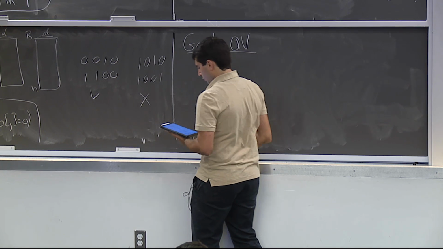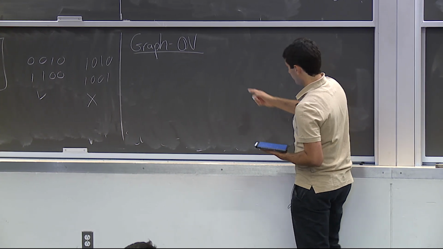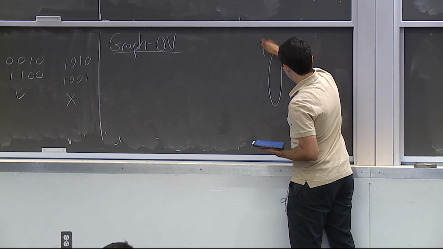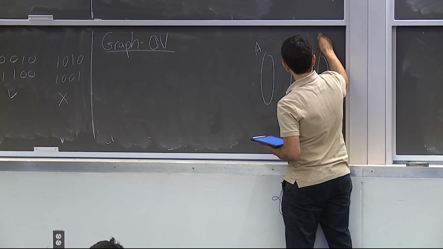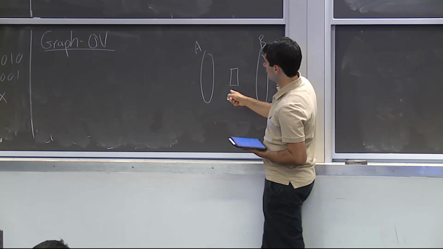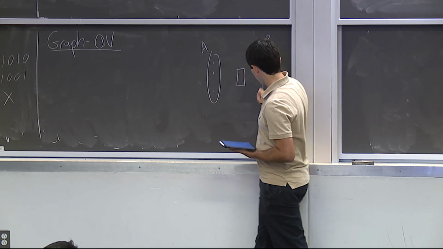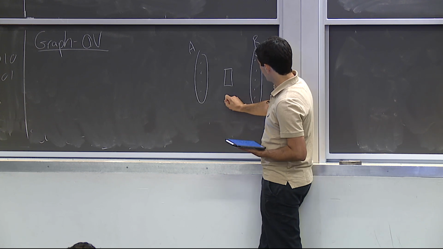So here's the equivalent definition as a graph problem. I can just take the vectors and put them in a graph. If I take the vectors A, I put a node for each vector here, and a node for each vector B here, and then I look at the coordinates.